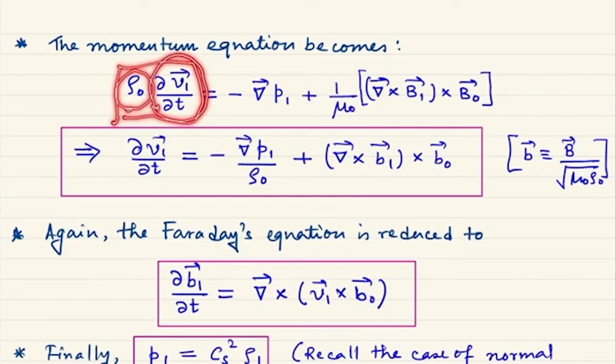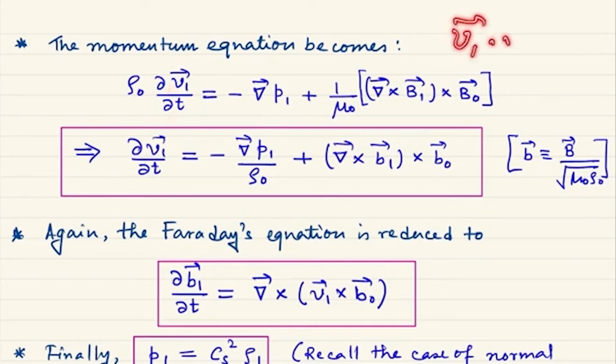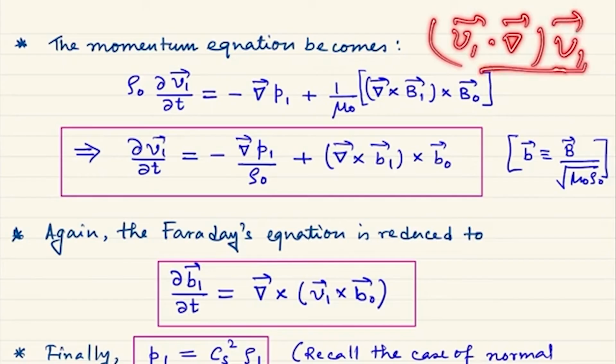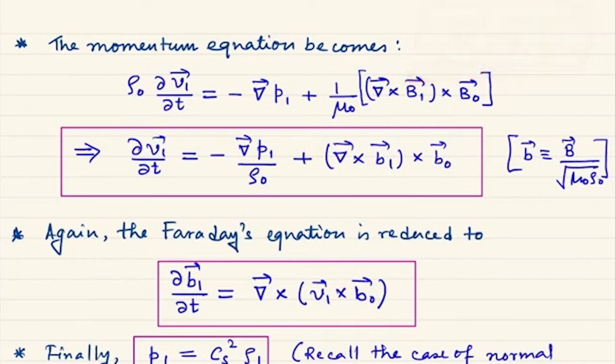So this part is rho 0 del V1 del t, and there should be no contribution from the part V1 nabla V1 because of its second order smallness. So we forget that. That is equal to minus gradient of P1.